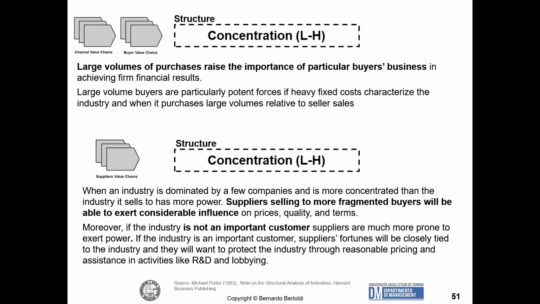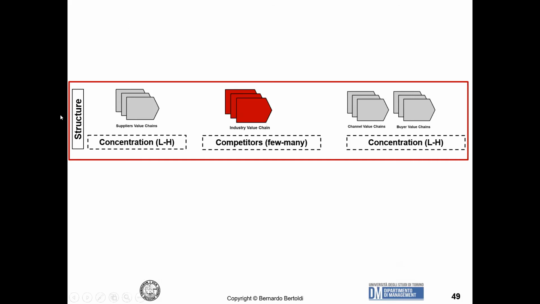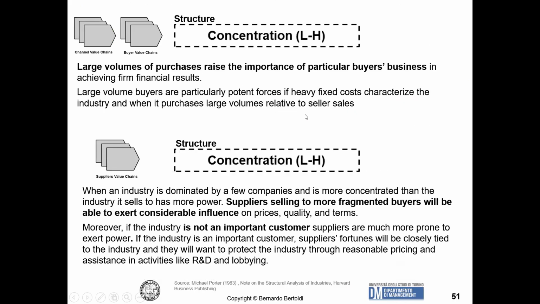But then two big forces are pushing on our value system, our industry, and the two forces are the concentration on the customer side and the concentration on the supply chain side.